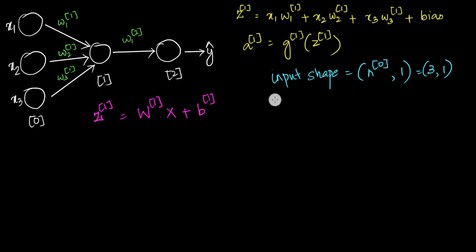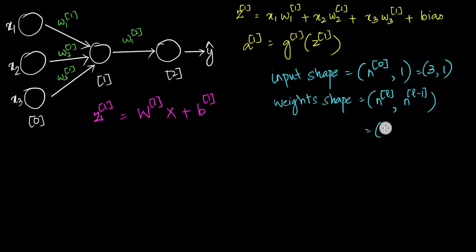And the weights shape will be equal to the number of neurons in the current layer, comma, the number of neurons in the previous layer. So this is the layer that we are going to apply the weights for. So this is the current layer, which is the layer 1.